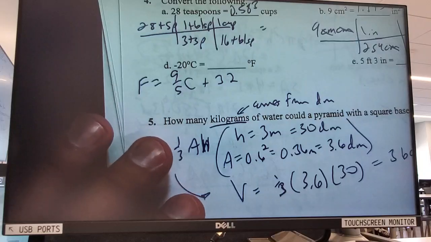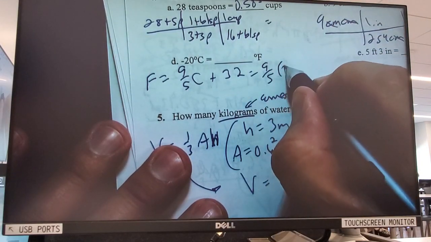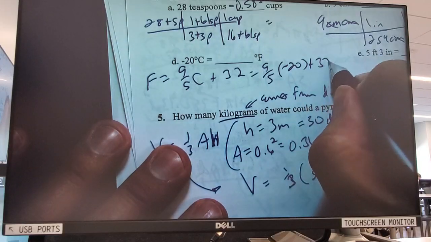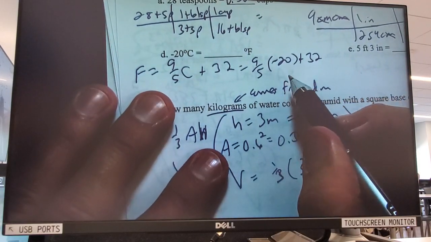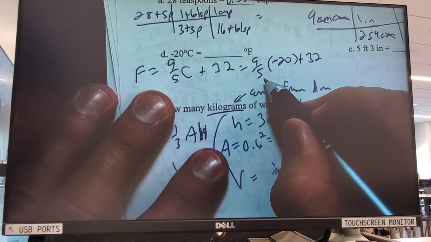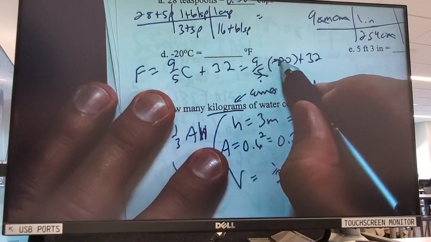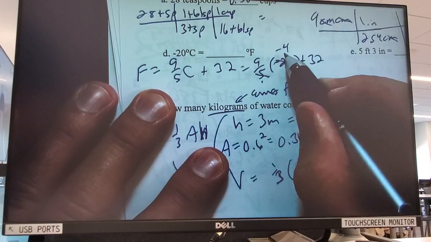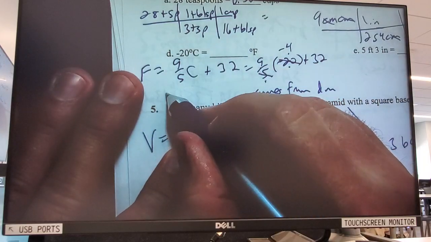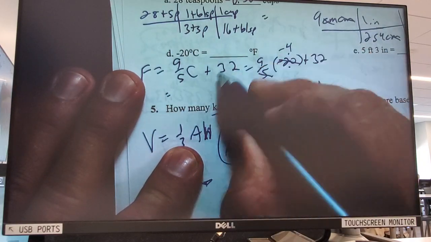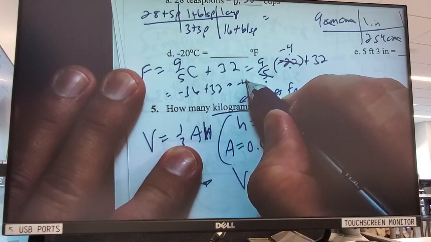It'd be 9/5 times negative 20 plus 32. How do I do 9/5 times negative 20 if you didn't have a calculator? 5 goes into 20 4 times. Negative 4 times 9 is negative 36, plus 32 is negative 4.